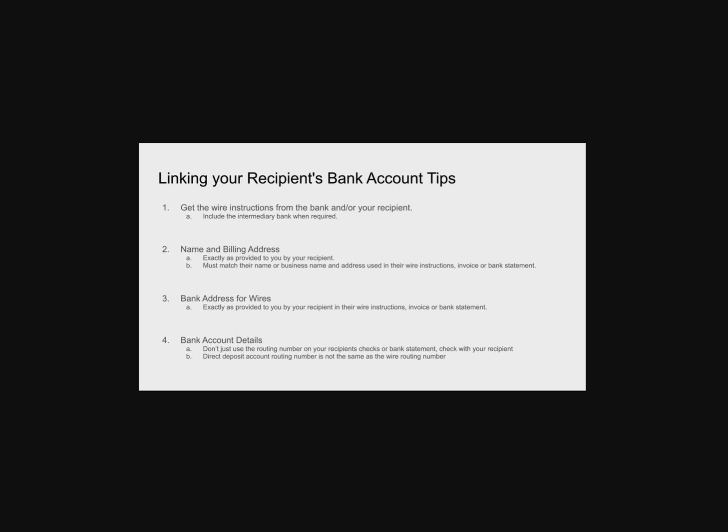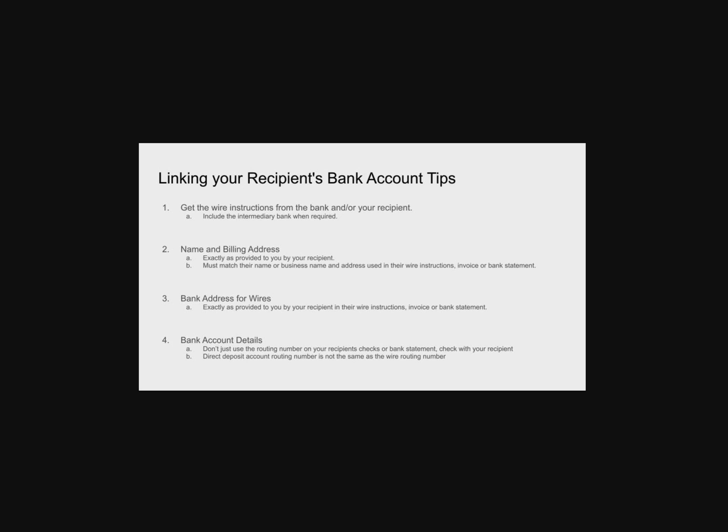As far as the name and billing address, enter it exactly as it appears on your bank statement or on your recipient's bank statement or invoice if it's an invoice that you're paying for via wire. Please ensure that the bank account details that you enter are for wires.